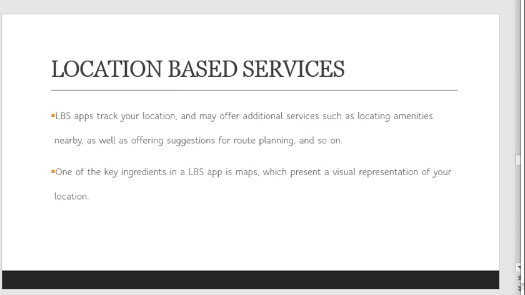Other than that, we are also going to see how we can obtain the location, that is your geographical location, using the location manager class that is available in your Android SDK.